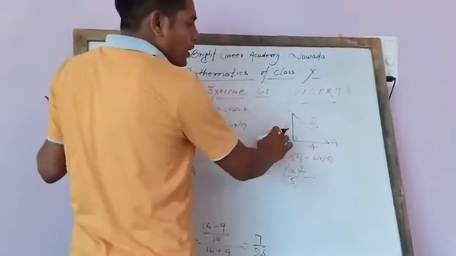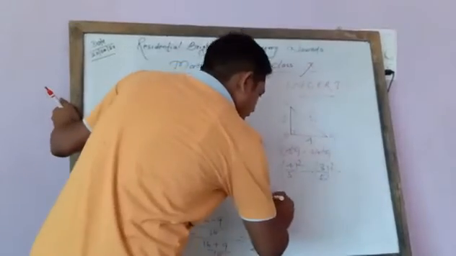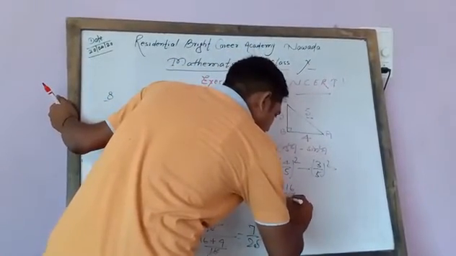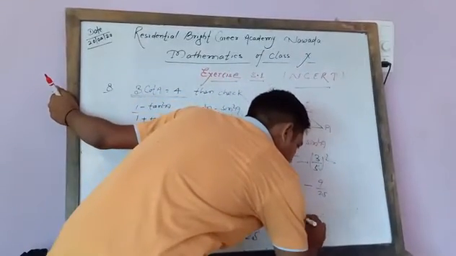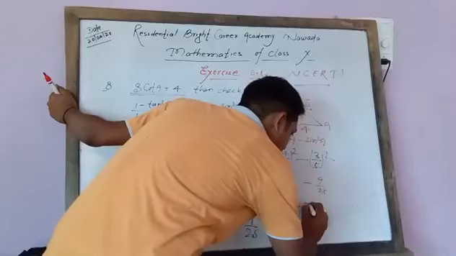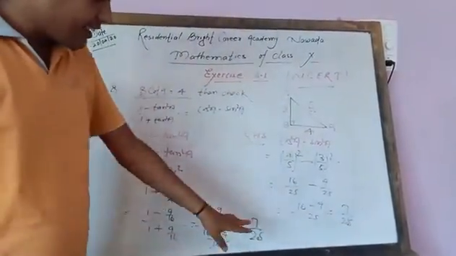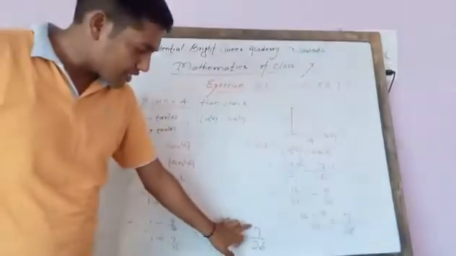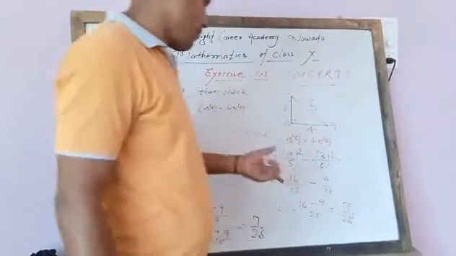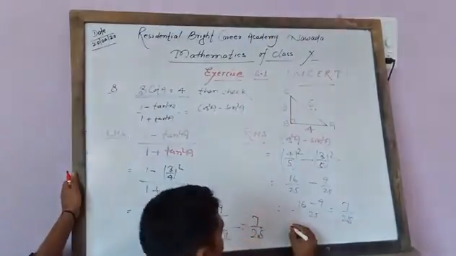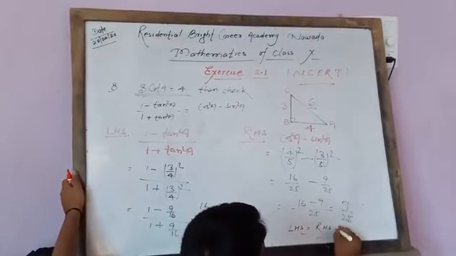Sin A is equal to P by H. It means 3 upon 5 squared. Now it will be 16 upon 25 minus 9 upon 25. We can take LCM 25. It will be 16 minus 9, which means 7 by 25. It is clear that the value of LHS is 7 upon 25 and the value of RHS is also 7 upon 25. We can say LHS is equal to RHS.